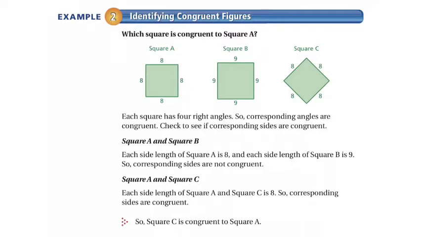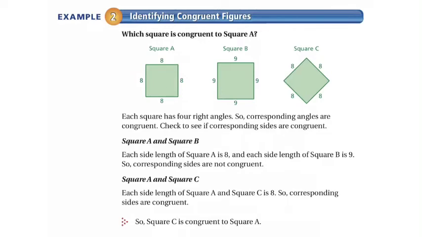Here in example 2, identifying congruent figures, it says, which square is congruent to square A? Now, it's easy to tell all of their corresponding angles are congruent because they're all 90-degree angles. And all 90-degree angles are congruent to each other because they're all 90 degrees. So we're just looking at their corresponding sides. So obviously, square A and square C are congruent because square A, each of its sides is 8.